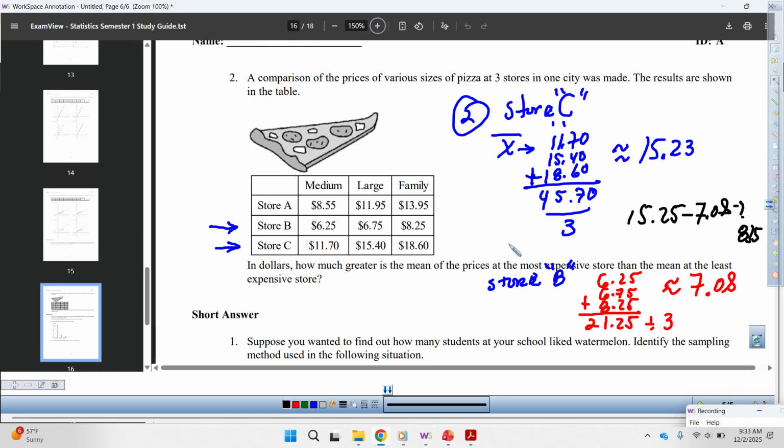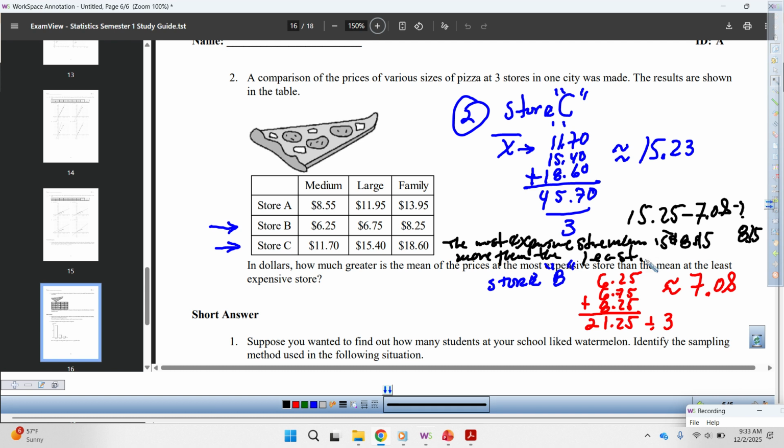All right. So you would write the most expensive store mean is $8.15 more than the least.